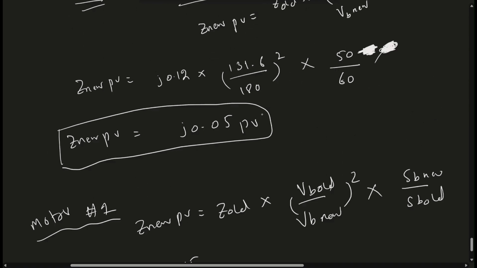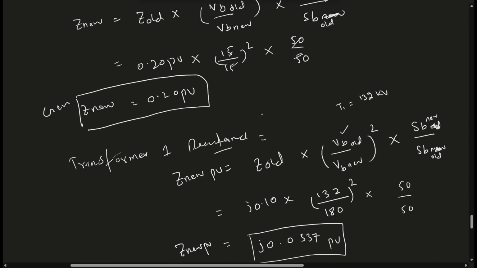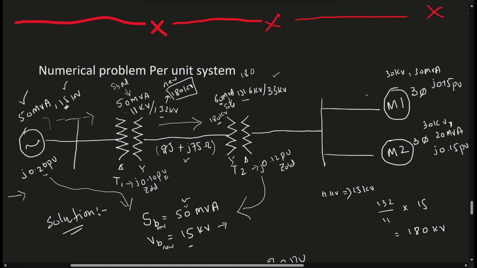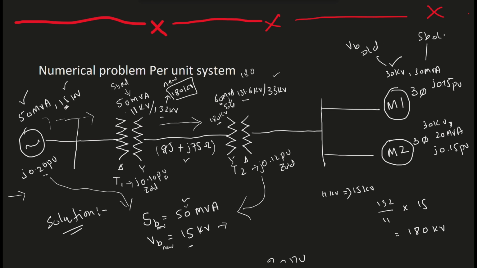The old value is given as 30 kV, this will be VB old. The SB old is this one, and this is the Z old we already wrote. Now 30 kV is the old value.